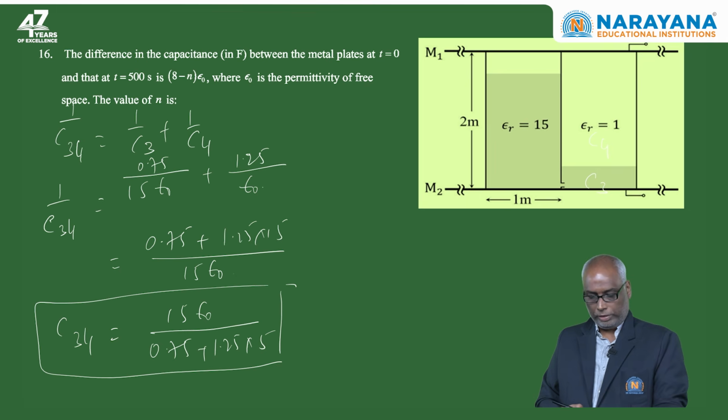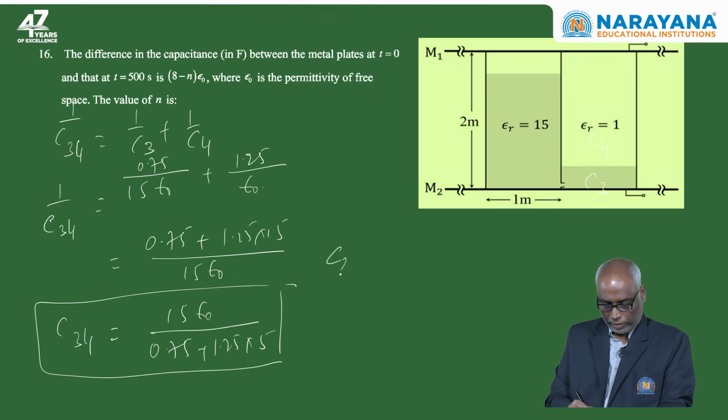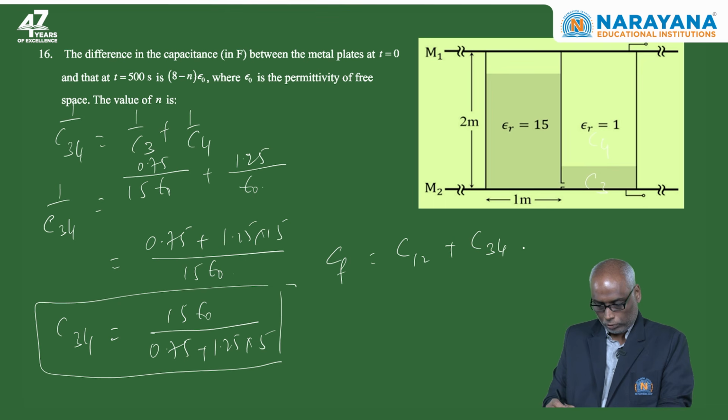Now we understood that C1, C2 are in series, C3, C4 are in series, and those combinations will be in parallel. So the effective final capacitance is C equals C12 plus C34.